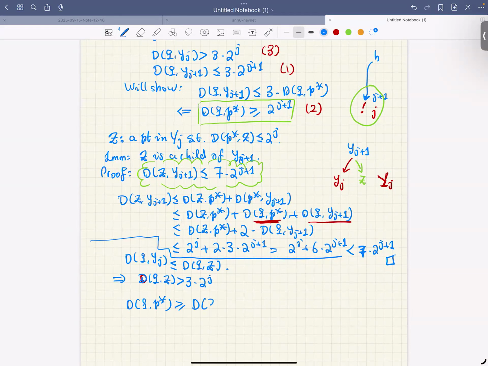So we apply the triangle inequality, the subtraction form. Look at it, this is correct, right?